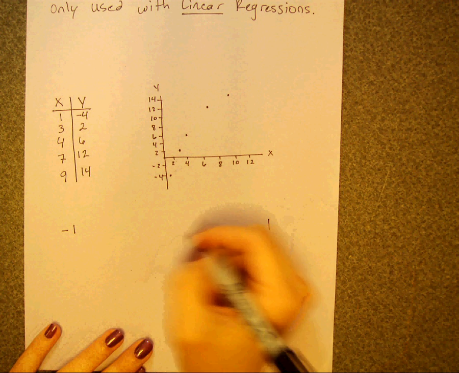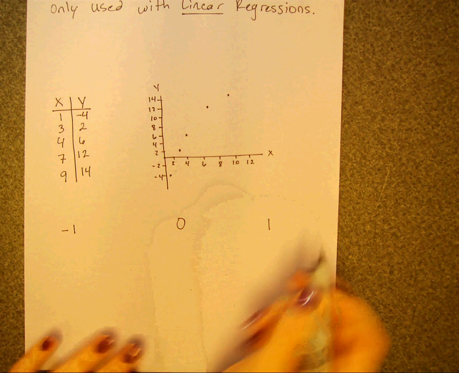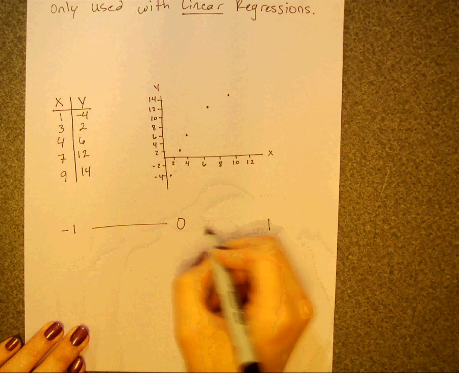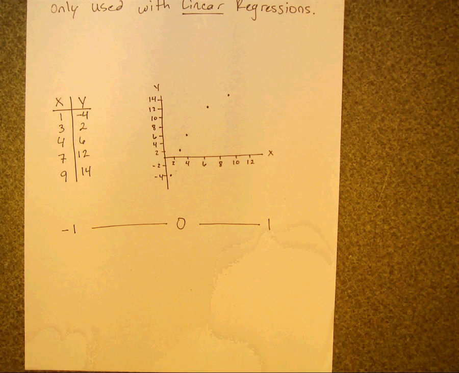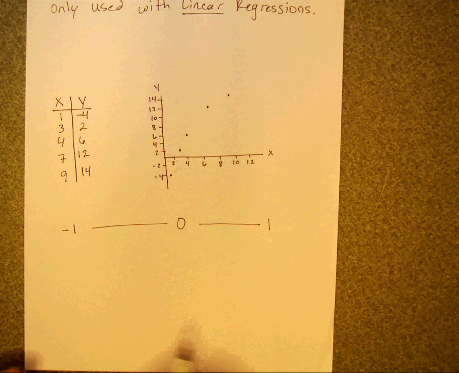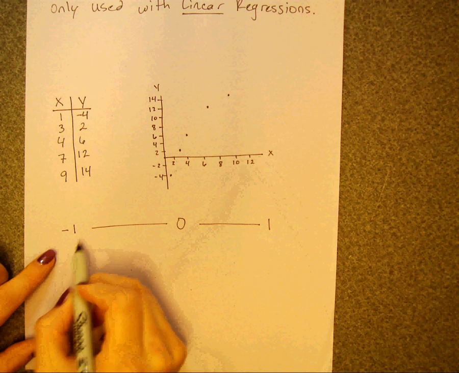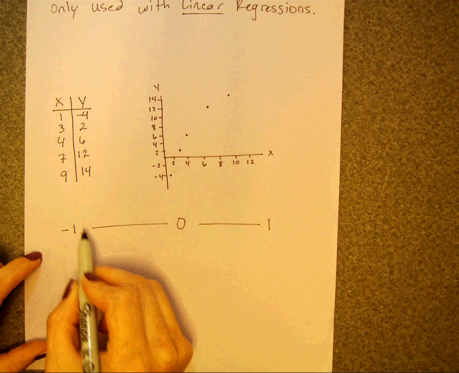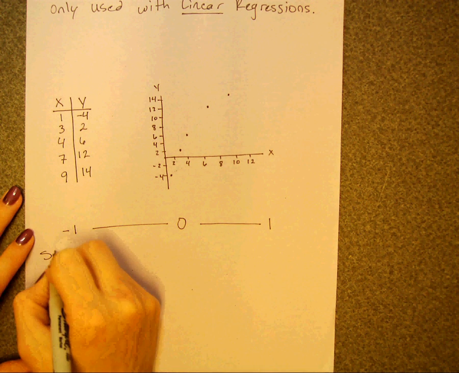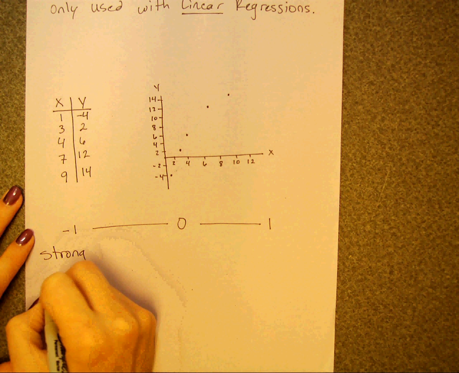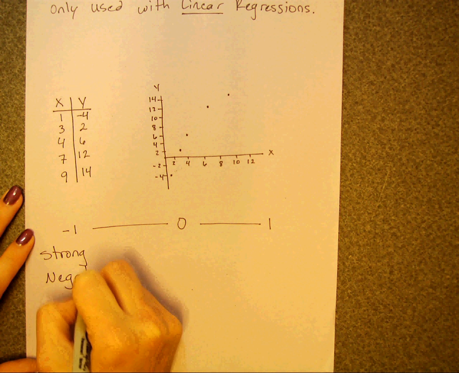I'm going to put 0 in the middle here. What our correlation coefficient tells us is, the closer it is to -1, the stronger the negative correlation.